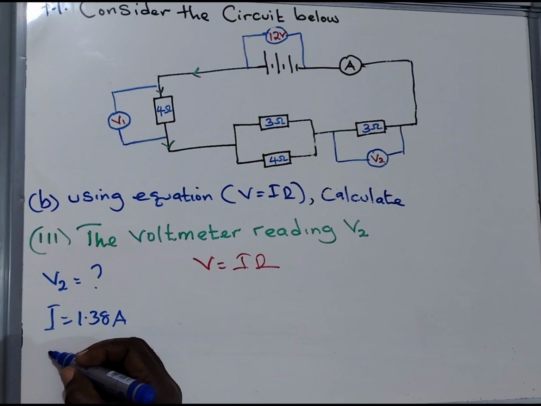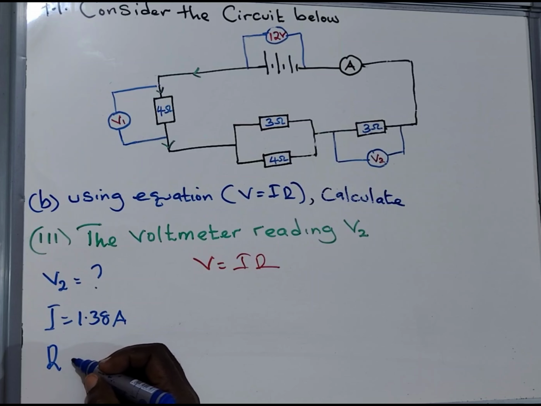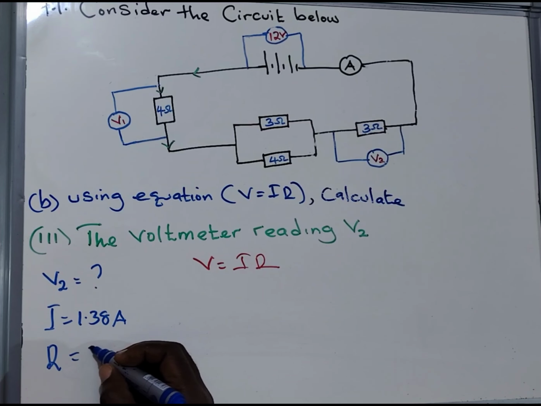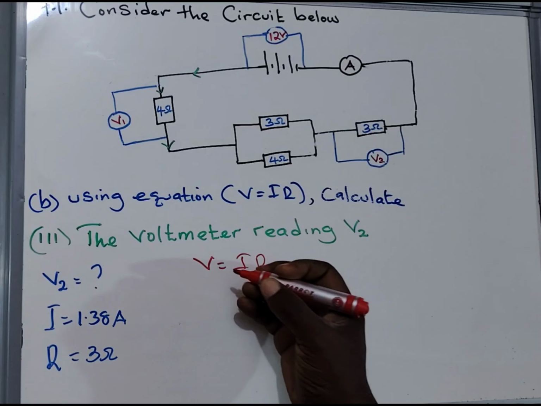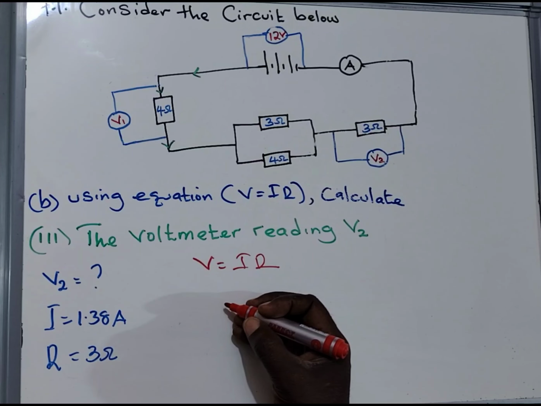Then what else do we know? We know the resistor we are dealing with, and it is 3 ohm. So what do we do under this circumstance? We substitute.